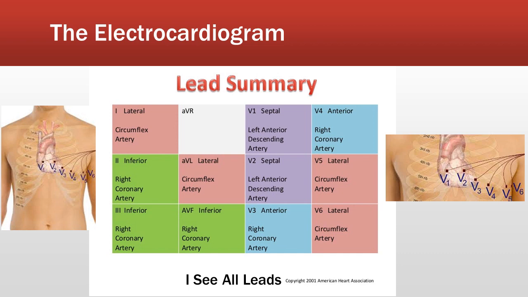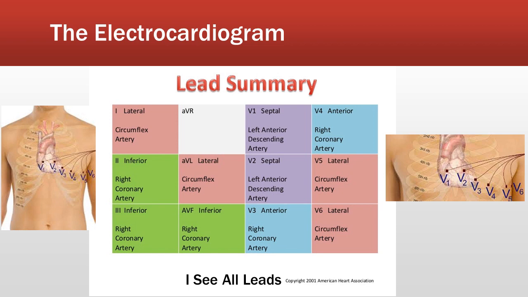The next electrode to place is V6, and that goes on the mid-axillary line at the level of V4, and V5 goes in between V4 and V6 on the anterior axillary line.